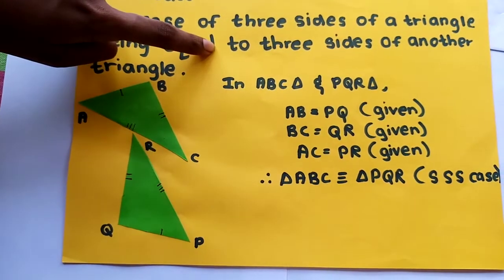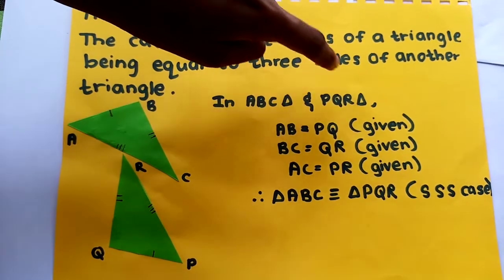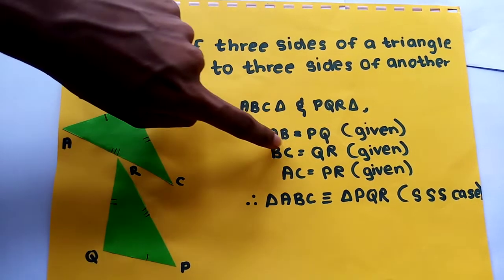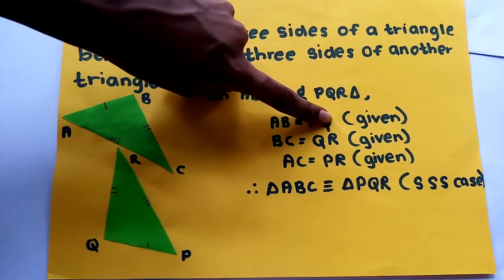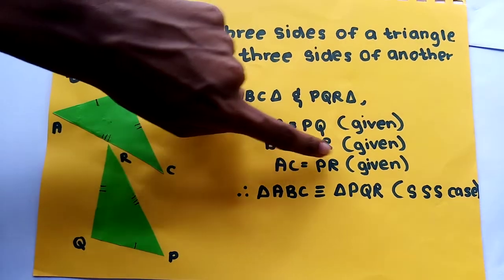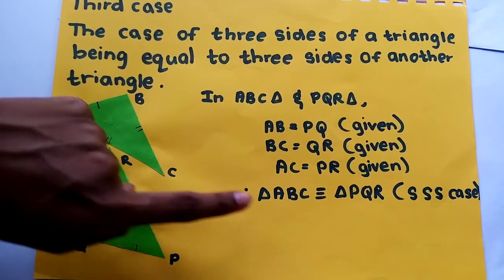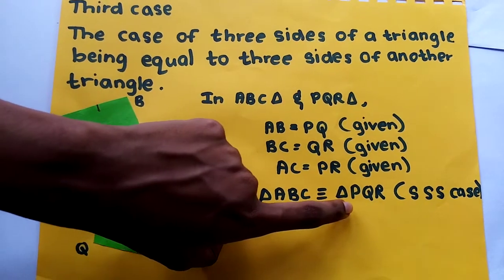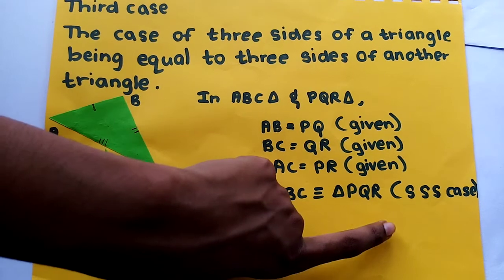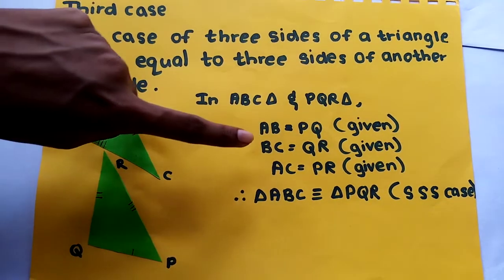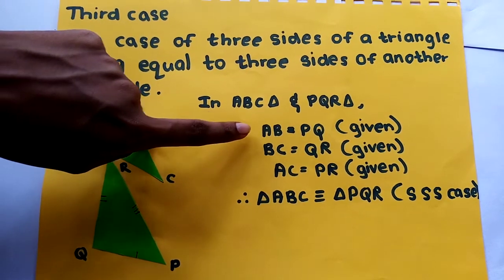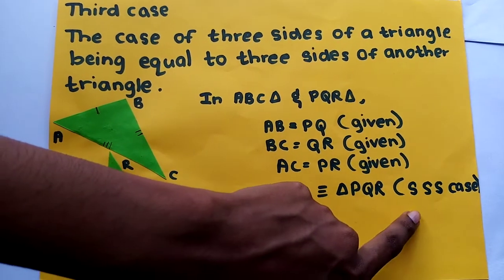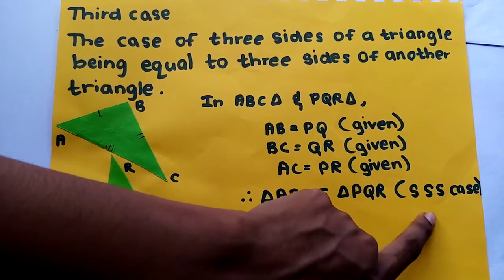So we can write in triangle ABC and PQR, AB is equal to PQ. It's given data. BC is equal to QR. It's also given data. AC equals PR. It's also given data. Therefore, triangle ABC is congruent to triangle PQR. That is the SSS case. Why is it like that? Because for this case, they have included three sides of the triangle. That is side, side, side case. SSS case.